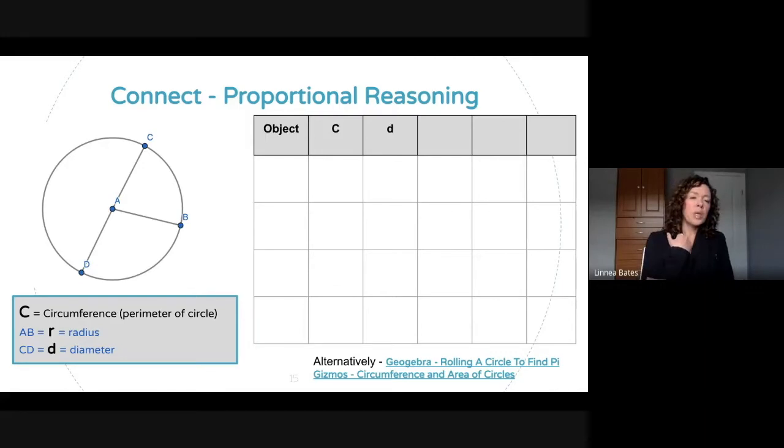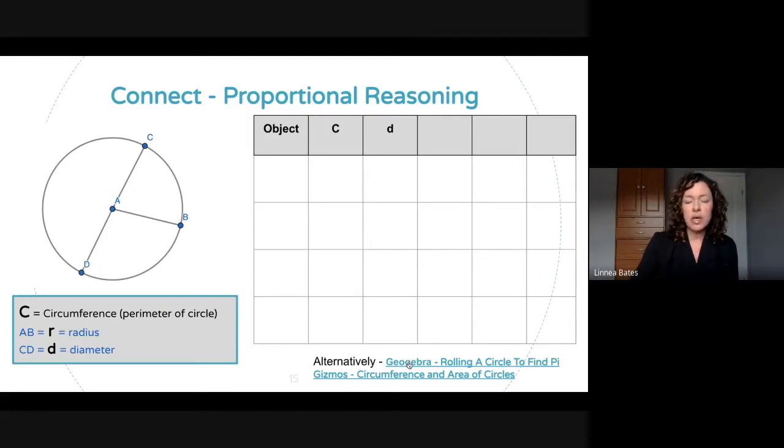Awesome. What we typically want to do when we can, of course, is use a concrete object before we would move to some sort of representation and then to the abstract. So if you're not able to do a lot of concrete examples in the classroom, maybe 1 or 2, and then move to more abstract representations.